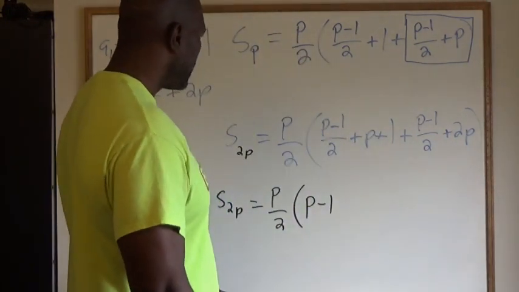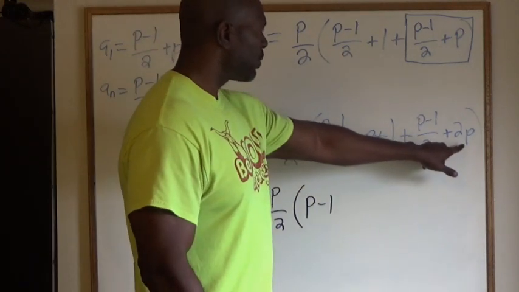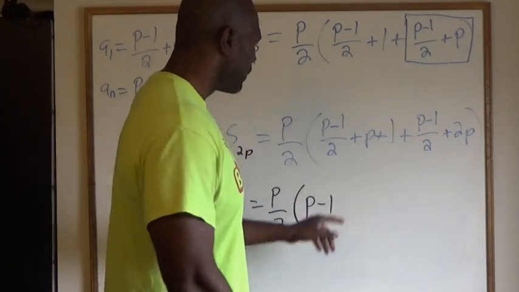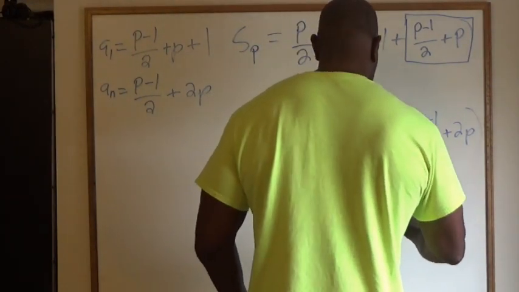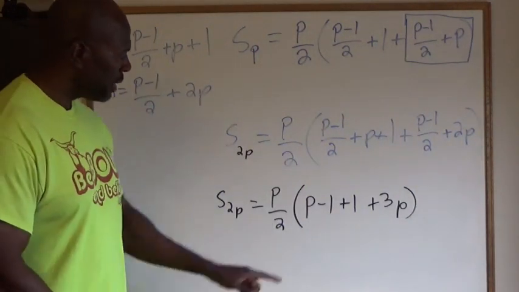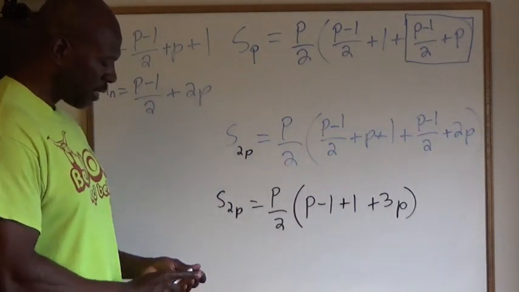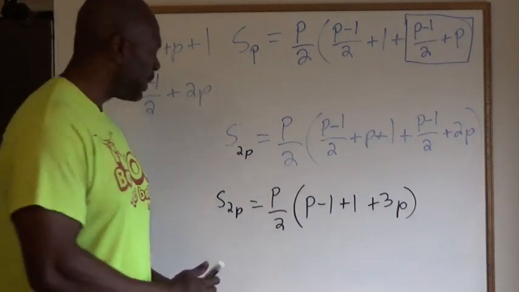And see, what else do we have? We have a p and 2p, so we have 3p there, and then a plus 1. So I'll put the plus 1 and then 3p. Okay, so you can clearly see that the minus 1 plus 1 is going to cancel. And so we're going to have p plus 3p, that's 4p.